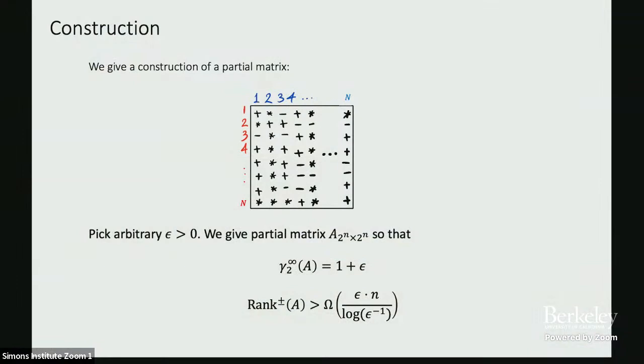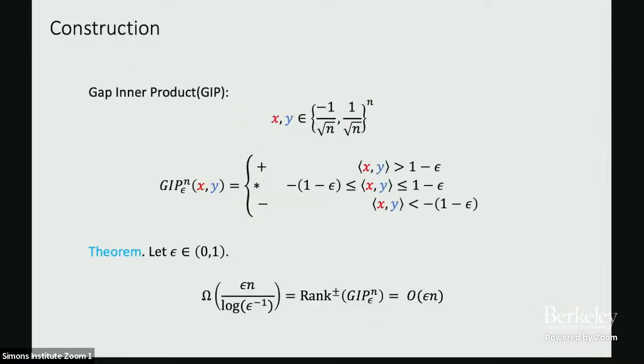Okay, so what is the construction one can look at? The one that Jordan described, but that was the infinite version. So let's first talk about the finite version of that. The construction is this gap inner product. I'm looking at all vectors in this cube that are normalized to have norm 1 exactly.